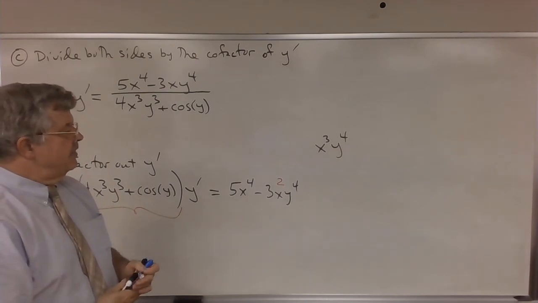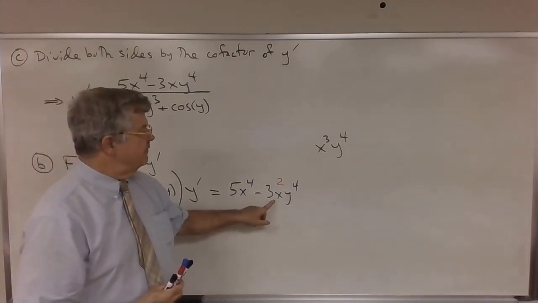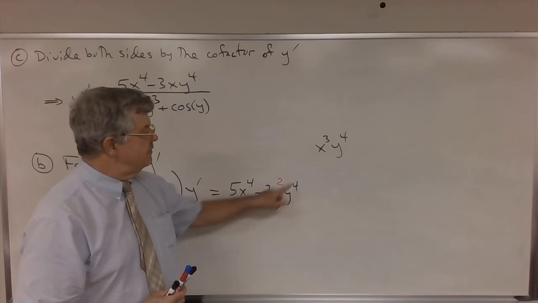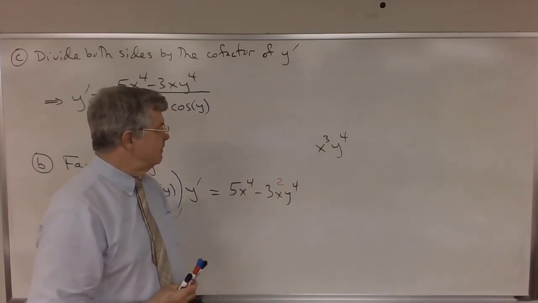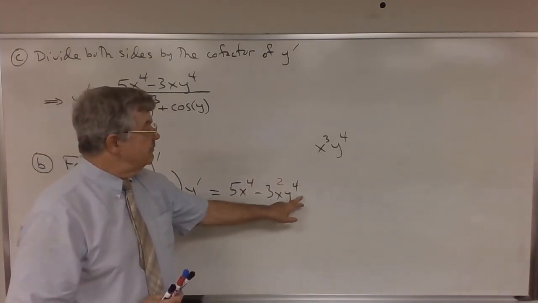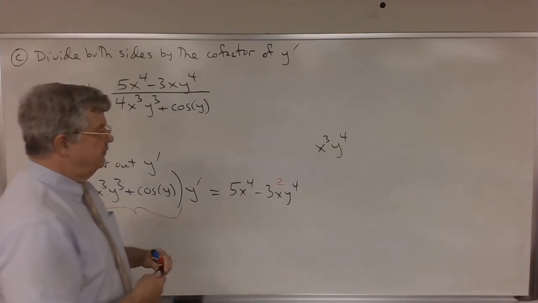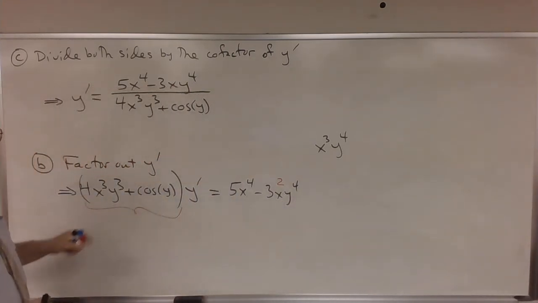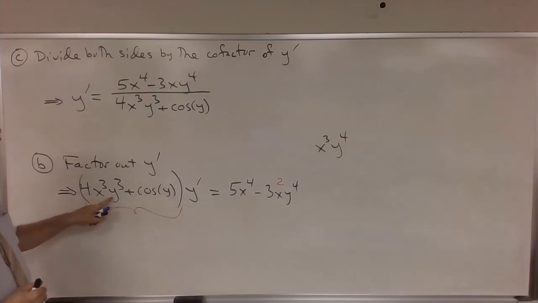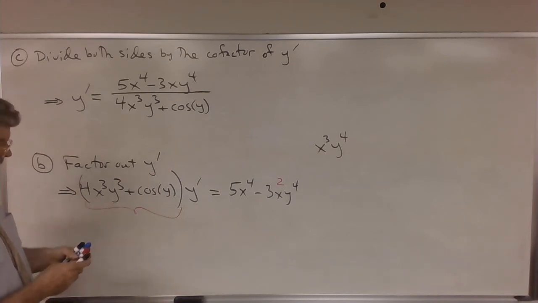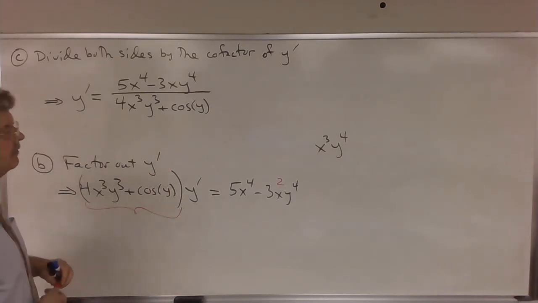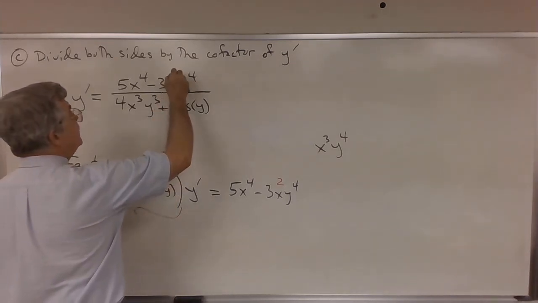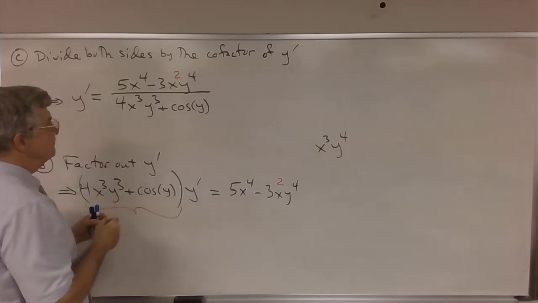And when we did the product rule, we got derivative of the first, 3x squared, times the second, y to the fourth, plus derivative of the second, which would have been 4y cubed y prime times x cubed. So somewhere along the way I didn't copy this correctly. That should be x squared.